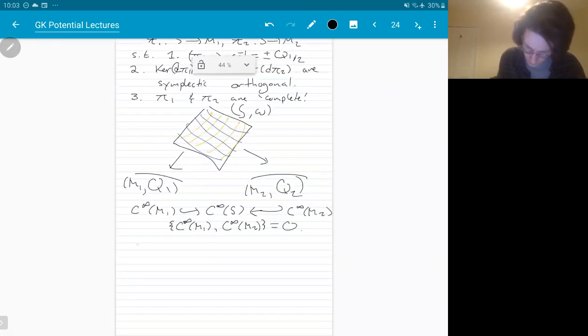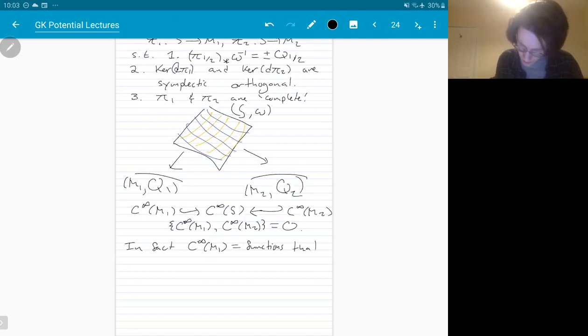In fact, the functions on M1 are precisely the functions that commute with the functions on M2. So this is what Lie called a polar dual.